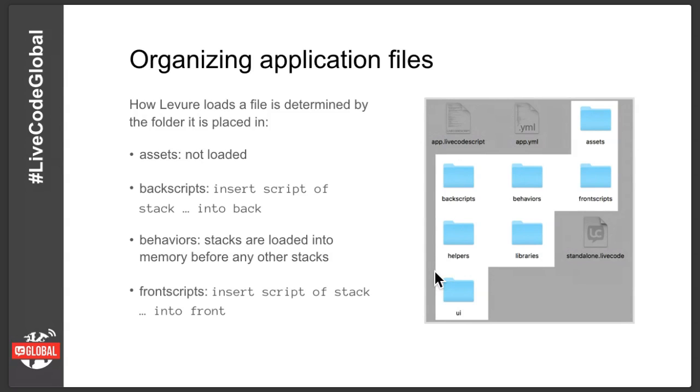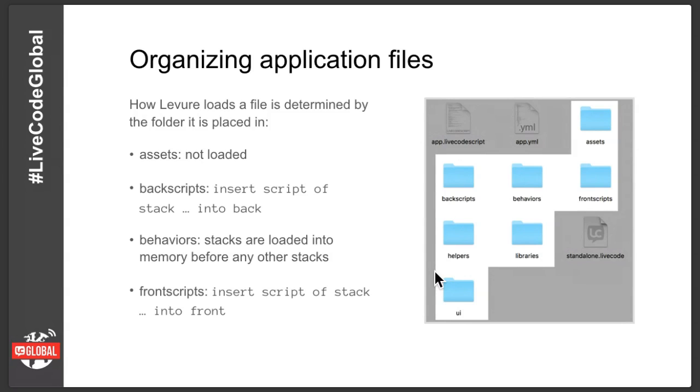Levure doesn't do anything with those files, but there is an API call, a handler that you can use to get the path of that folder. So maybe that's where fonts that your app uses are stored. Maybe you have licensing information like a PDF in there. It's where you stick all the different assets that your app might need.